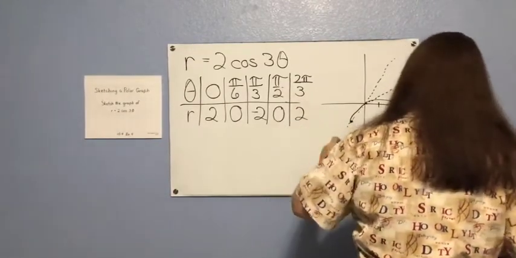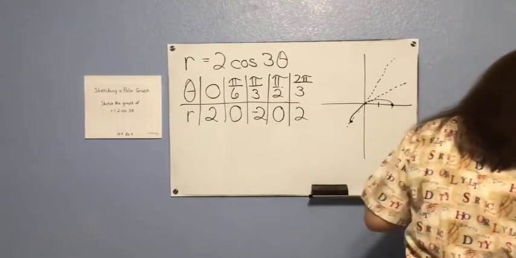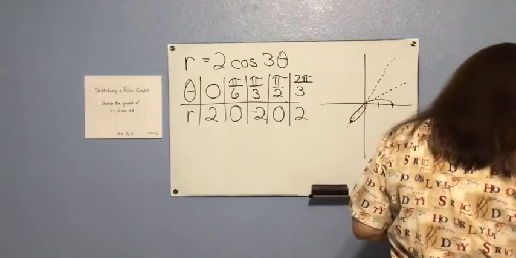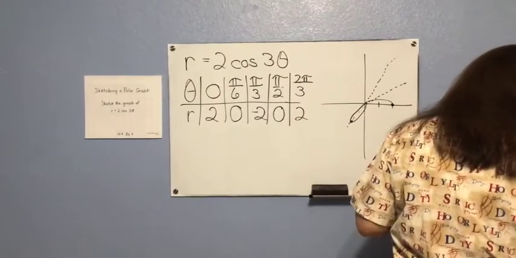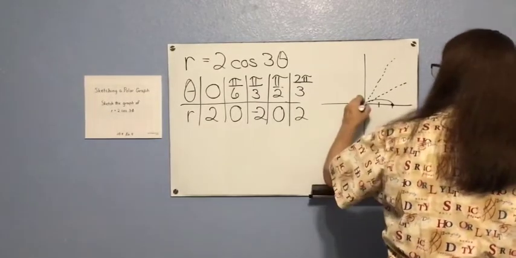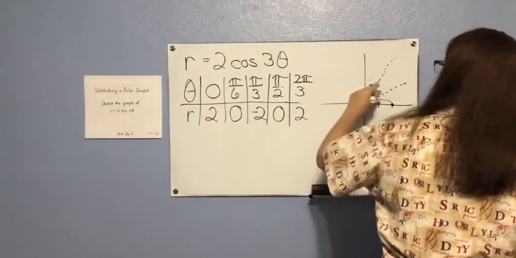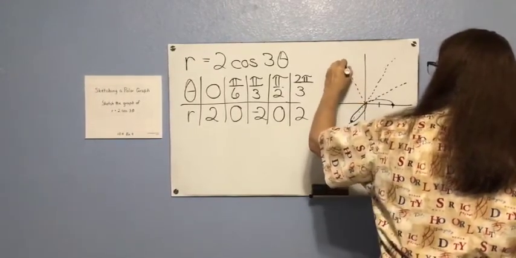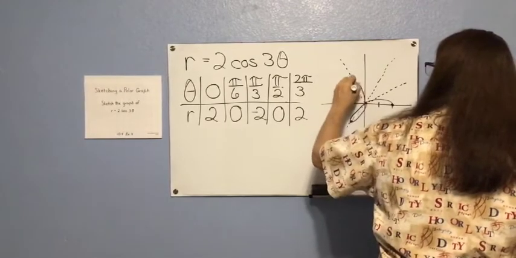Pi over 2, we're back to 0. So we come back up in here. 2 pi over 3. No, this is pi over 2, this is pi over 3, so 2 pi over 3 would be about like that. And we're coming back this way.